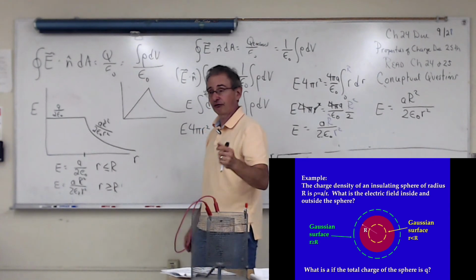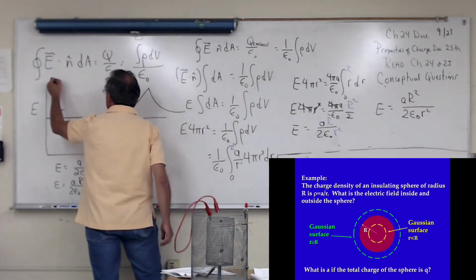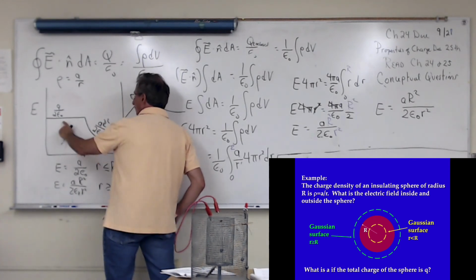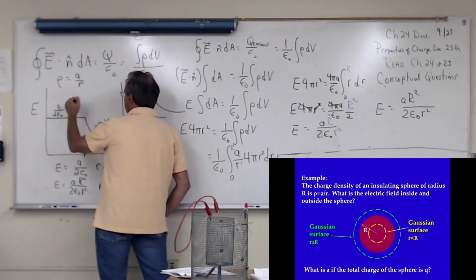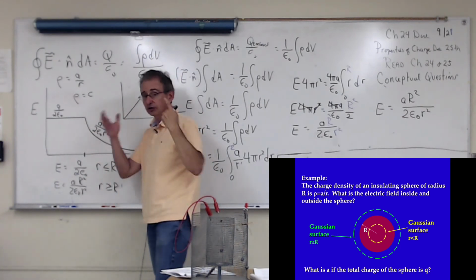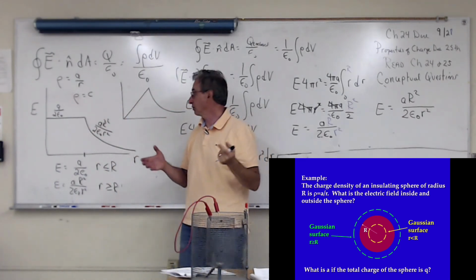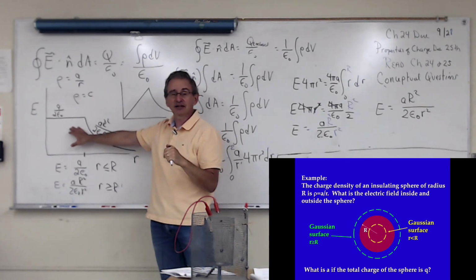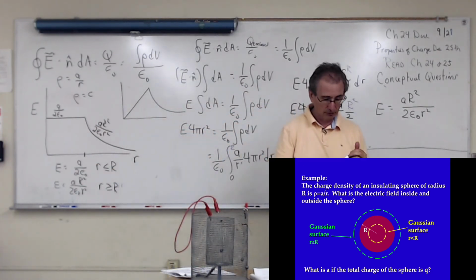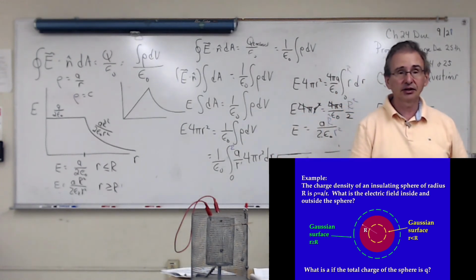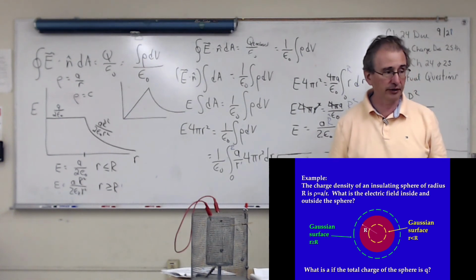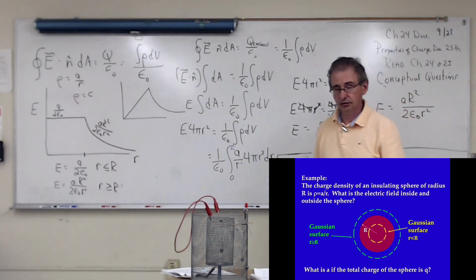So if the density is like this, then the field's constant. If the density is a constant, then it's linear. And so you can tell if your answer is right, because the field inside is going to be 1 power higher than the density. Why is that? Because charge depends on r cubed, and the field depends on 1 over r squared. That's why.